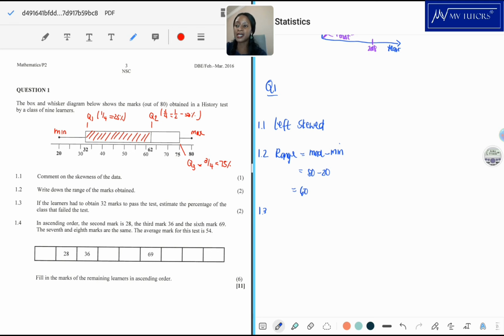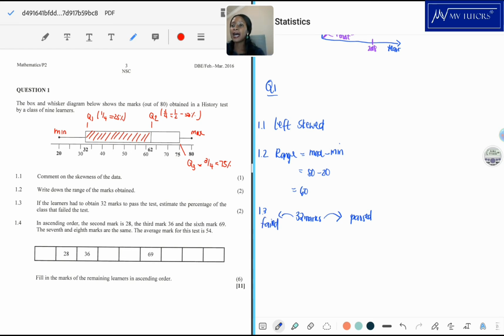Okay, 1.3, it says that the learners had to obtain 32 marks to pass the test. Estimate the percentage of the class that failed. So if 32 is your benchmark, basically if you go above 32, you have passed. If you go below 32, you have failed.